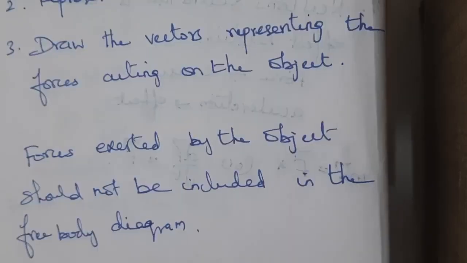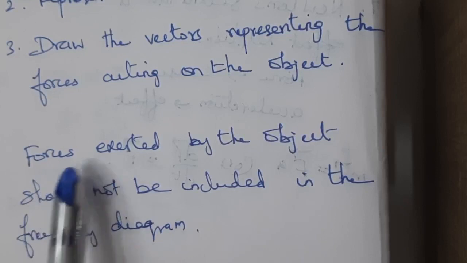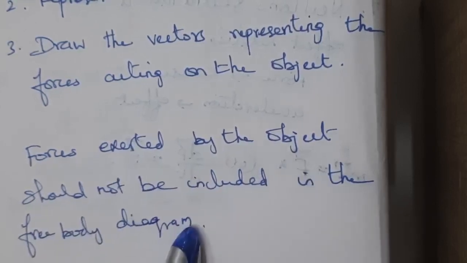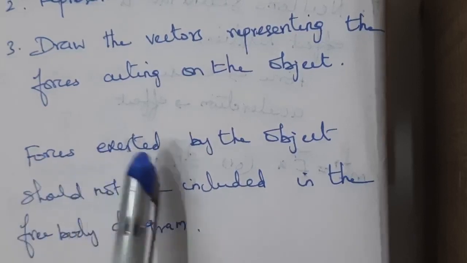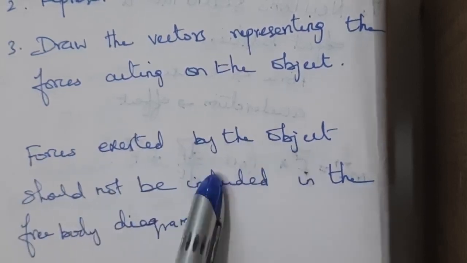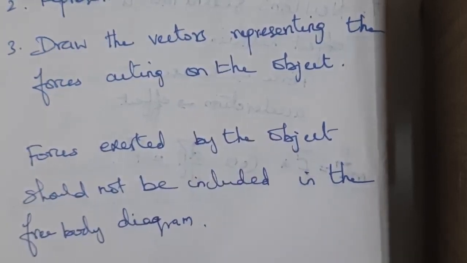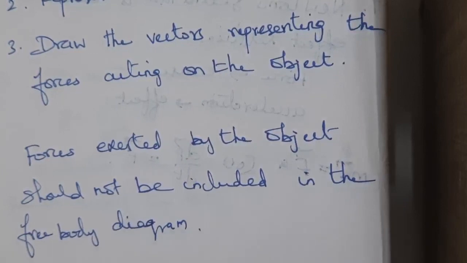Here, one more important point. Forces exerted by the object should not be included in the free body diagram. Forces exerted on the object can be included, but forces exerted by the object should not be included in the free body diagram. So what is meant by free body diagram?